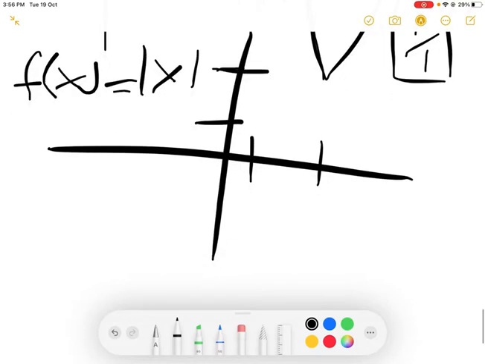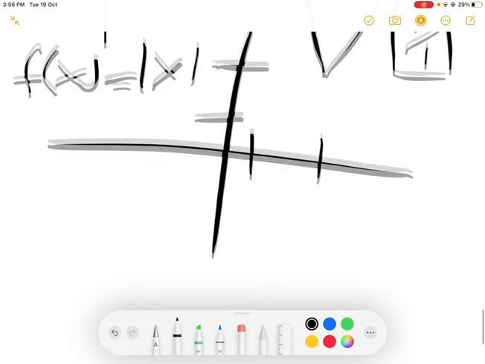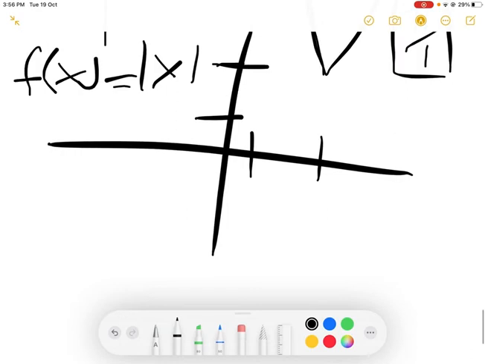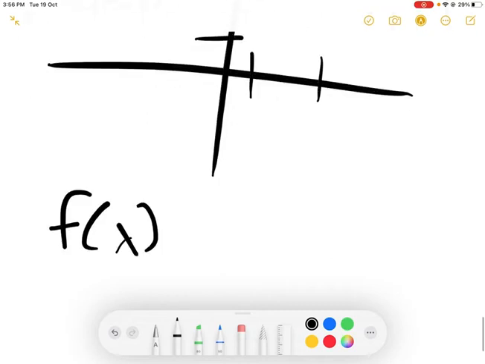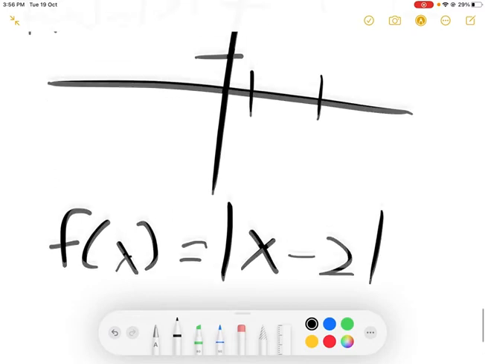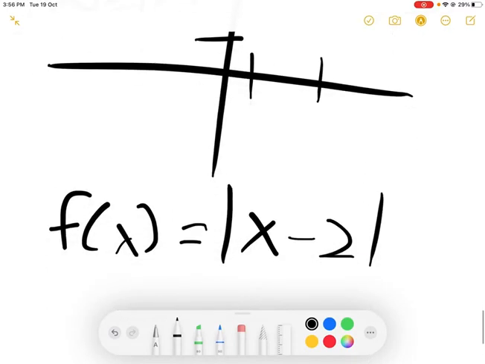So you see how many units to the right it went, and you put this number as negative, because we said that in absolute value functions, if there's a negative value inside, it will become positive. So f(x) = |x - 2|, and then how many units did it go up? 2 units, plus 2.